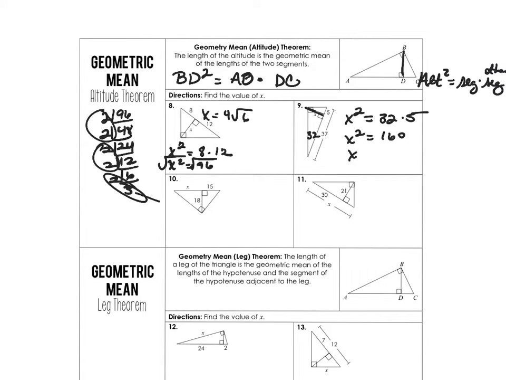Take the square root of 160. You do the factor tree: divided by 2 is 80, divided by 2, divided by 2, divided by 2, divided by 2. Two 2's get to come out, so it's 4, and then 10 stays at home. So you kind of get the gist of it.